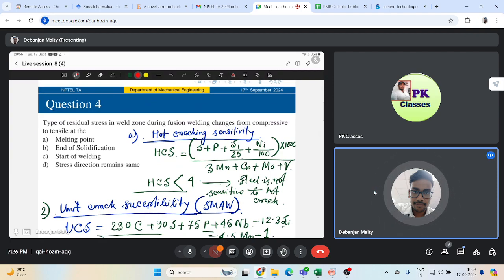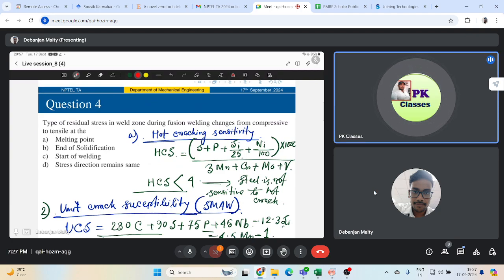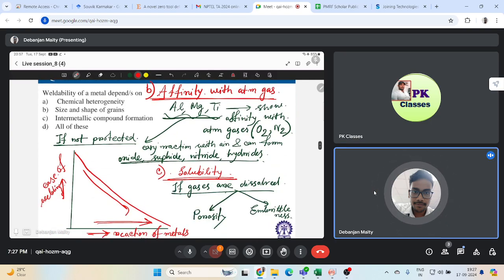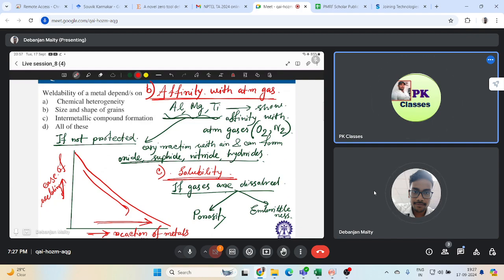Type of residual stress in welding zone changes from compressive to tensile at the end of solidification. Weldability of a metal depends on all of these.